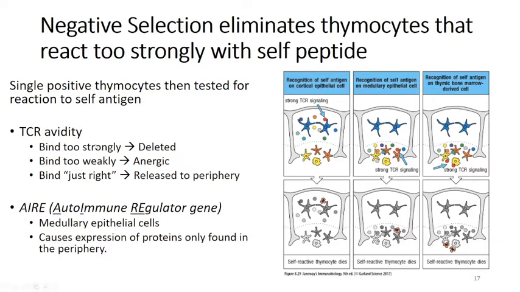If you have a very strong interaction, over a certain affinity, those cells are meant to be killed off, because those are the ones that are potentially going to attack self.